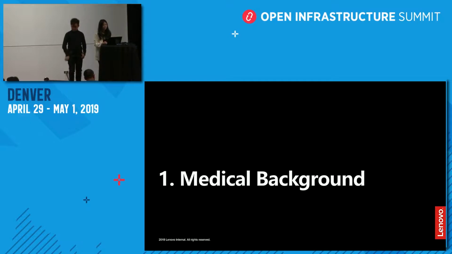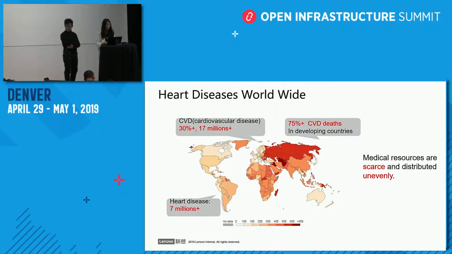In this part, we are going to introduce the current status of heart disease and how deep learning benefits healthcare, as well as the challenges of using deep learning models in heart disease diagnosis in rural areas. According to the World Health Organization, cardiovascular disease, or CVD, is the top cause of death worldwide.